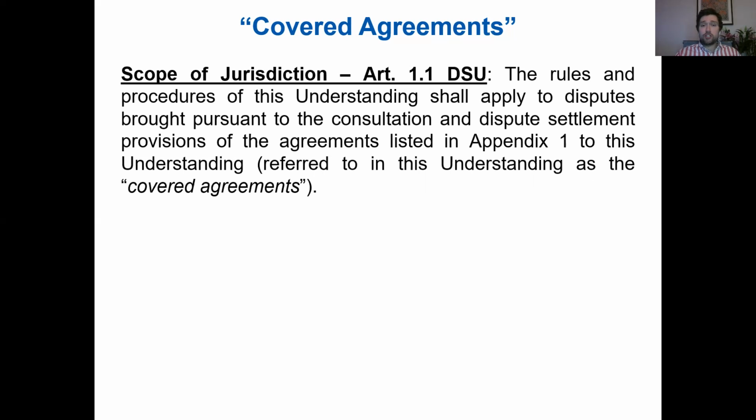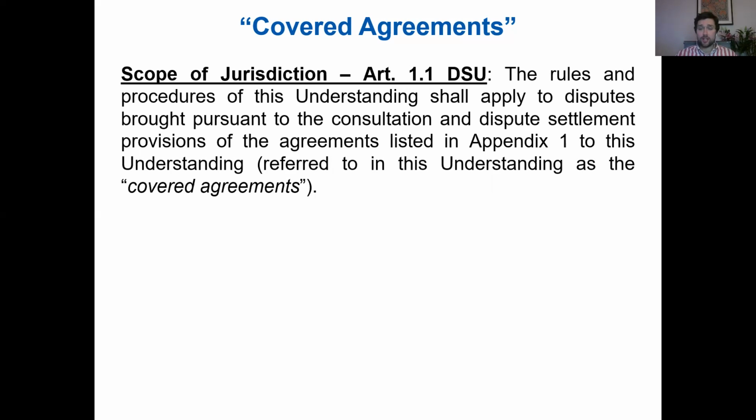The scope of jurisdiction, as determined in Article 1.1, says that the rules and procedures of this understanding shall apply to disputes brought pursuant to the consultation and dispute settlement provisions under the agreements listed in Appendix 1 to this understanding, referred to in this understanding as the covered agreements.